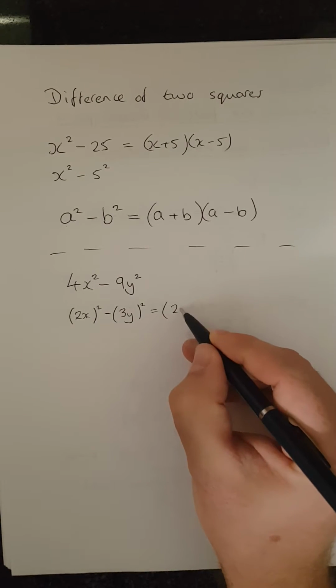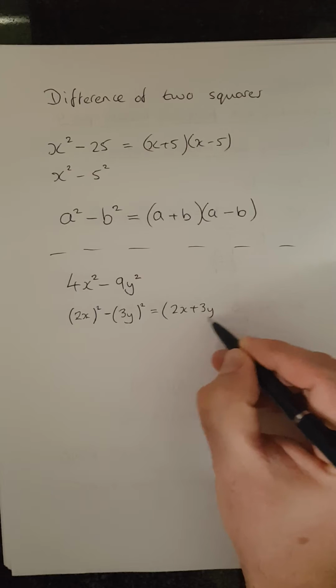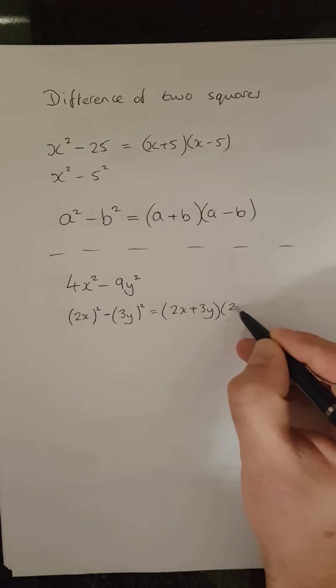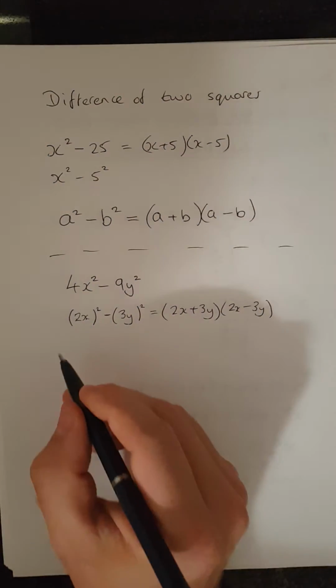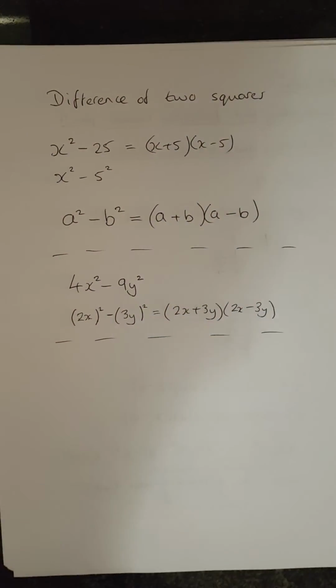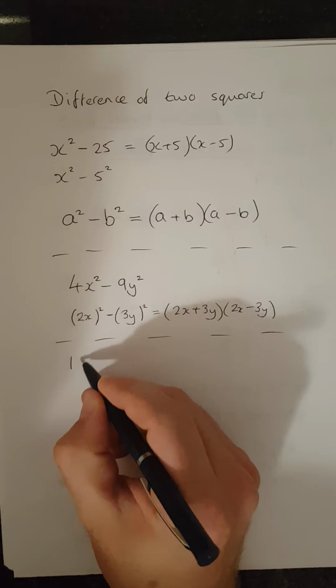So that gives me 2x plus 3y and 2x minus 3y. Let's look at another one similar.